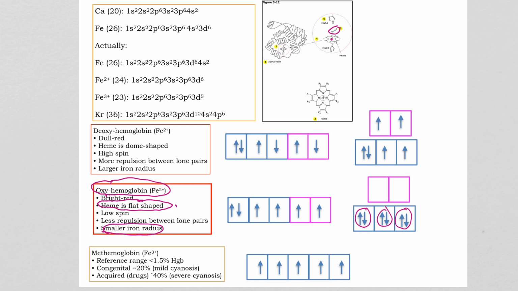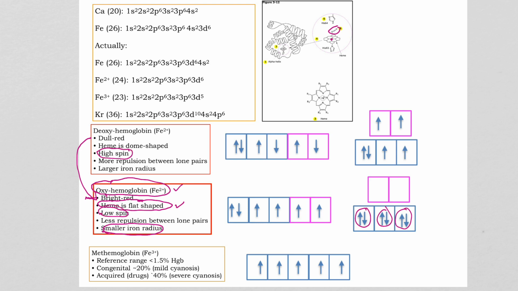And since heme is colored red, the color of the heme changes from dull red to bright red. So that's why oxyhemoglobin, oxygenated hemoglobin, has a brighter red color compared to deoxyhemoglobin. Okay, so it's very fancy chemistry that we talk about, high spin and low spin and so on.